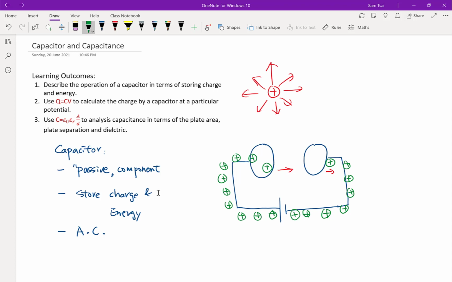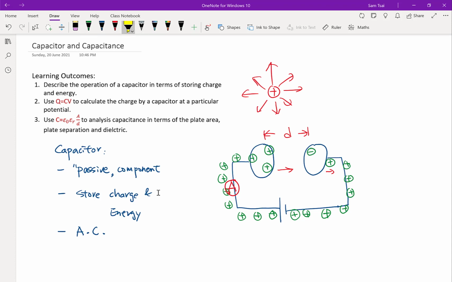So if we put an ammeter here, we can read the current, although there's a gap here. Okay, there's a distance here. The positive charges will repel each other.